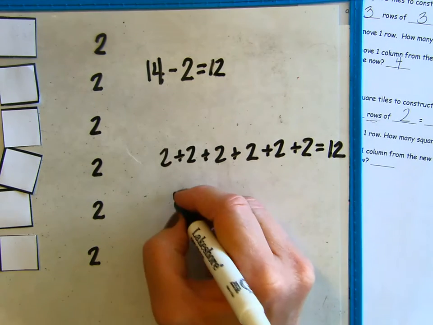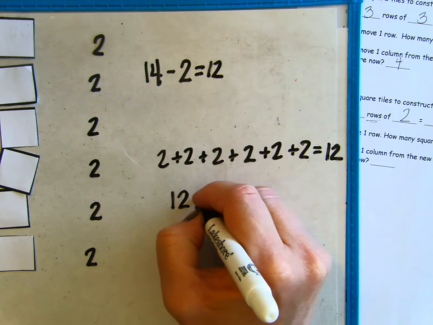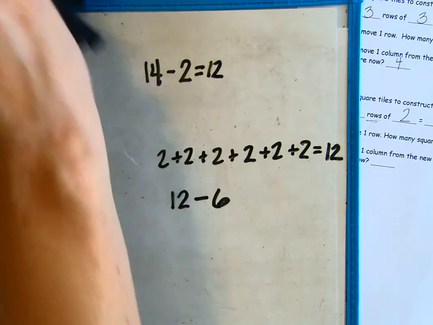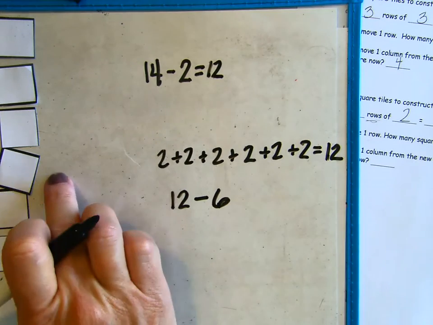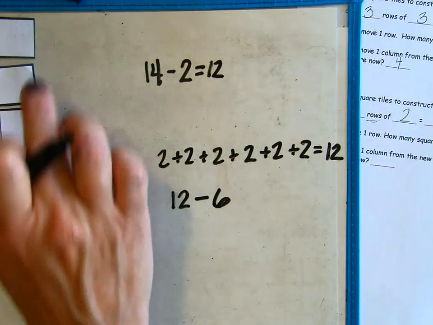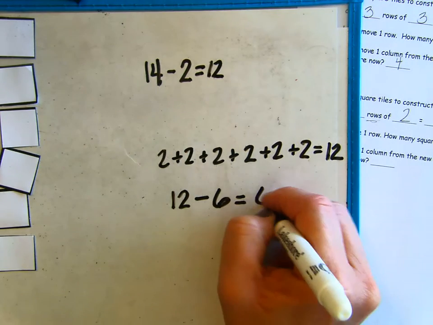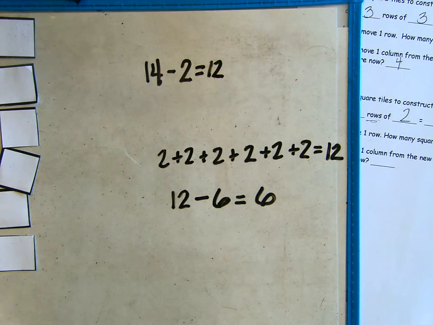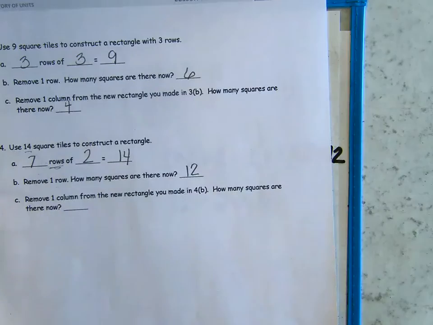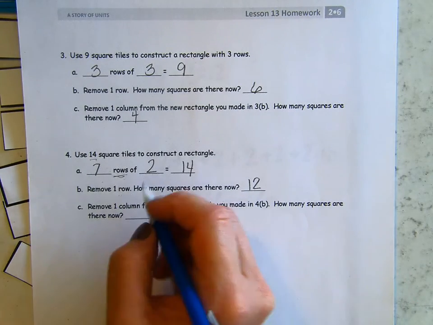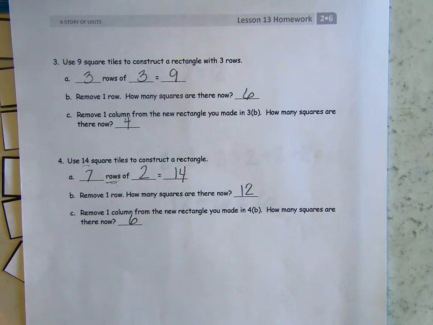So now we have 12 minus 6, or 1 plus 1 plus 1 plus 1 plus 1 plus 1. 1, 2, 3, 4, 5, 6. 12 minus 6, that's one of the doubles, isn't it? So if we take 1 column away, 12, we took away 6 from it, and now there are only 6 left. Good work, everybody. See you next time.